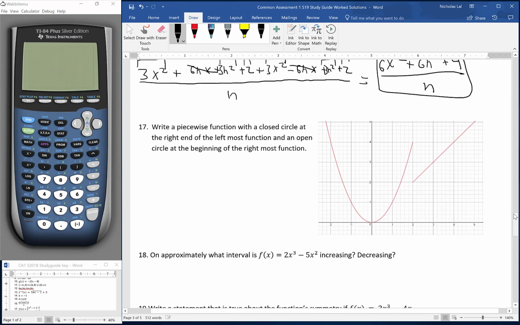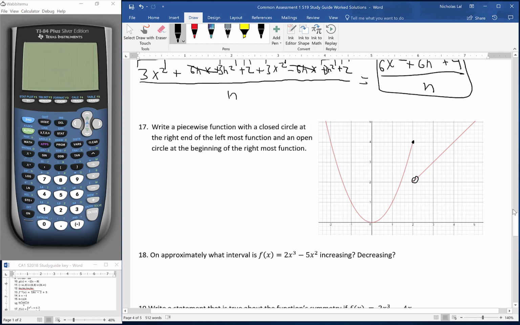For 17, write a piecewise function with a closed circle at the right end of the leftmost function. So we have a closed circle here and an open circle at the beginning of the rightmost function. Hopefully you can see you have 0, 0, negative 1, 1, negative 2, 4.